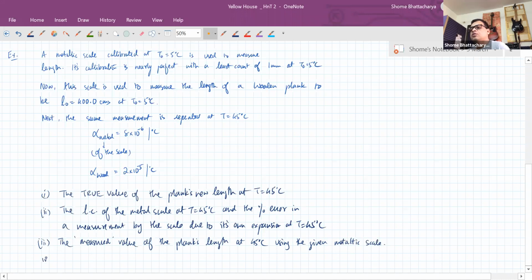Okay. And in fourth part, we will compare the values of part 1 and 3 and show that the percentage error is same as part 2.